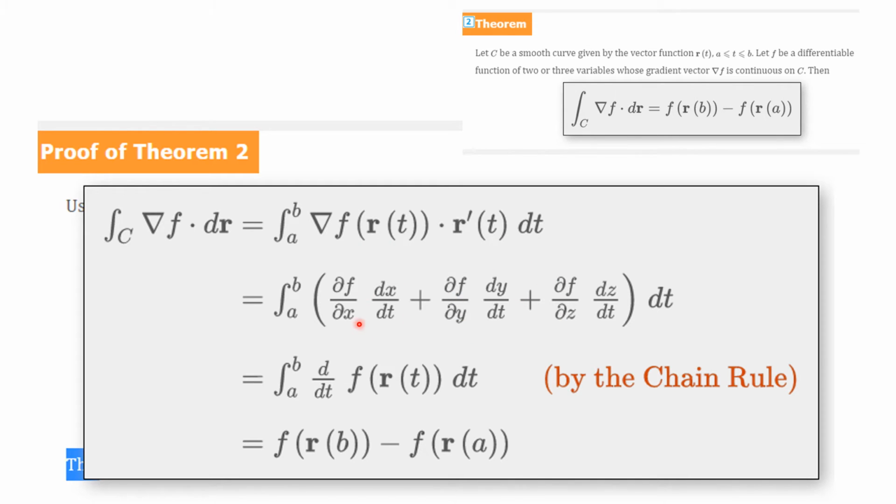So when I take this dot product, I have this expression dt, and we go from a to b because that was the parameterization.